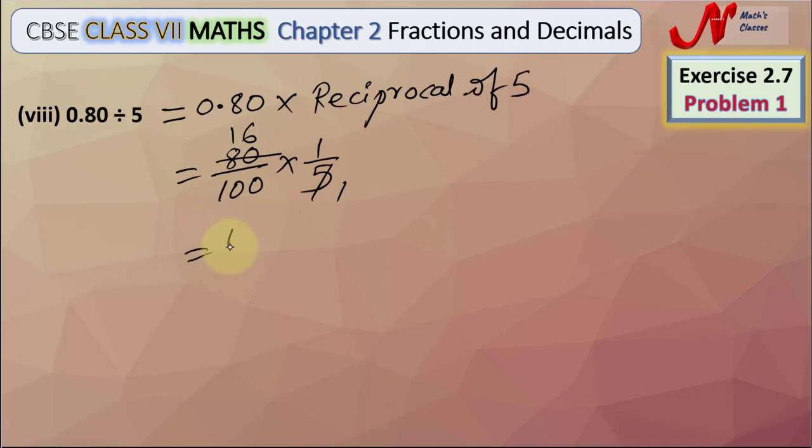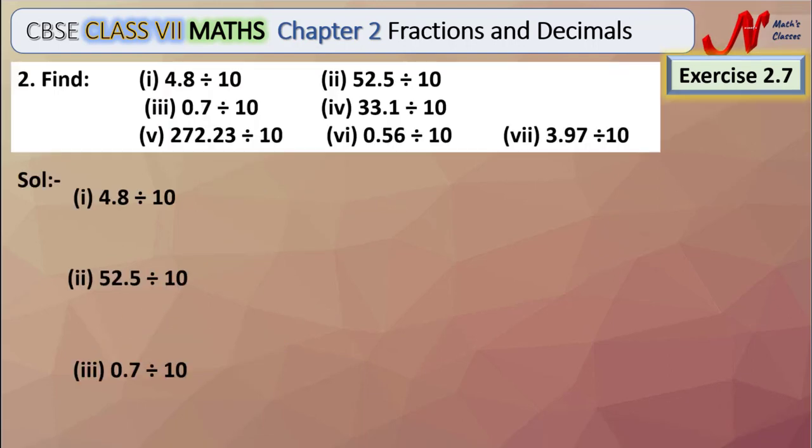So we can write it as 16 by 100. So in the final result, we keep the decimal point from right to left after 2 digits, because in the denominator we have 100. Therefore, 0.80 divided by 5 is equal to 0.16.